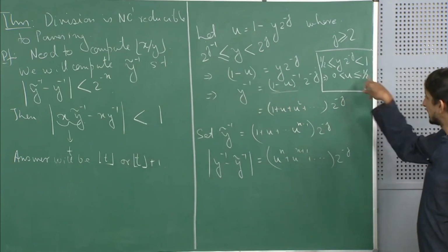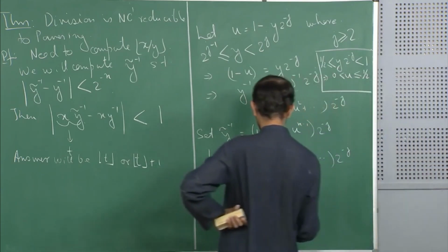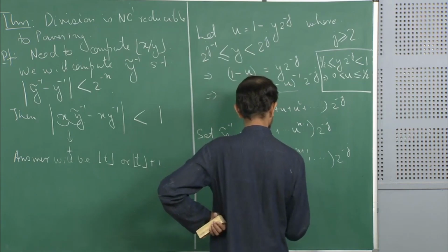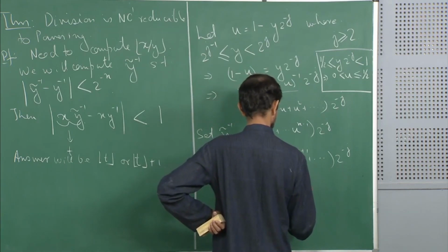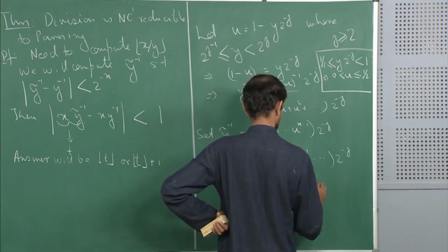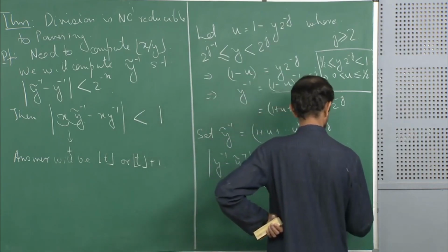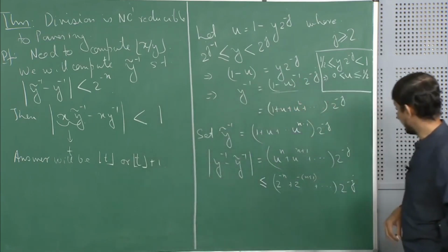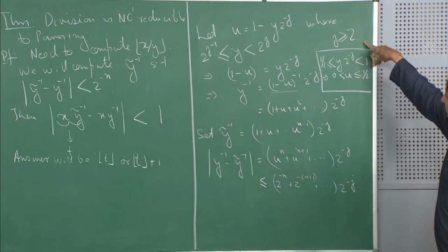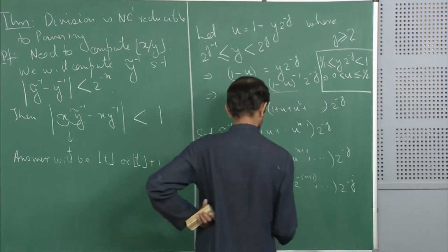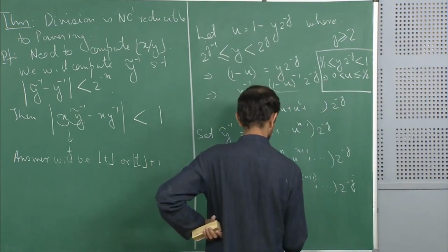Now each of these u's is at most half, so I can write this as bounded by 2 to the power minus n plus 2 to the power minus n plus 1, plus so on, times 2 to the power minus j. J we know is at least 2.